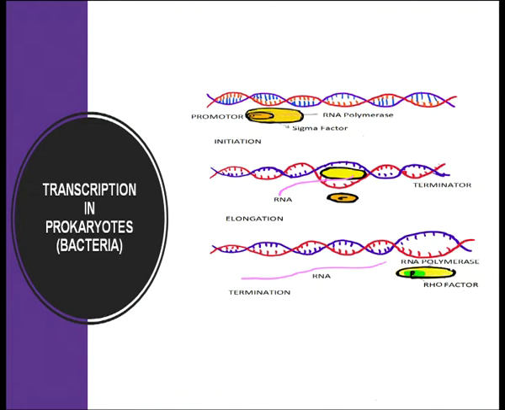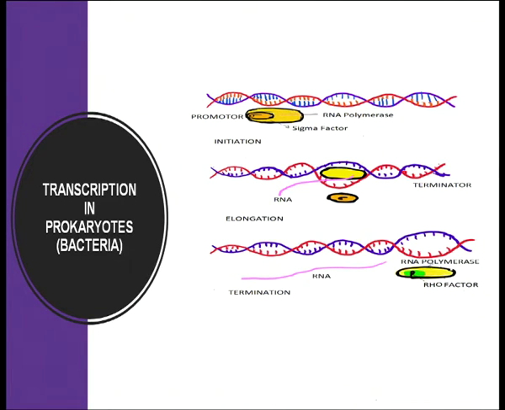We have seen in replication that topoisomerase and helicase open up the DNA for replication, but here all the opening up of the DNA molecule is done by RNA polymerase only once it binds to the promoter region.